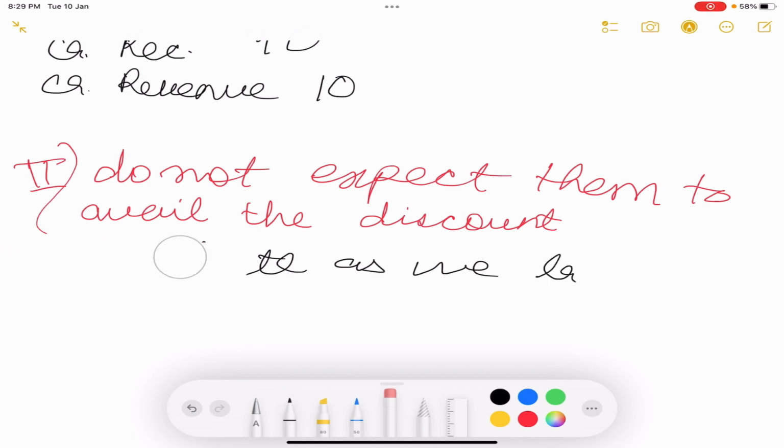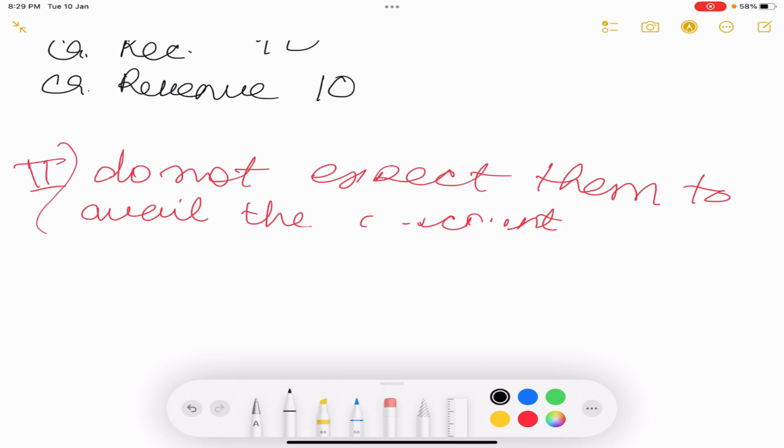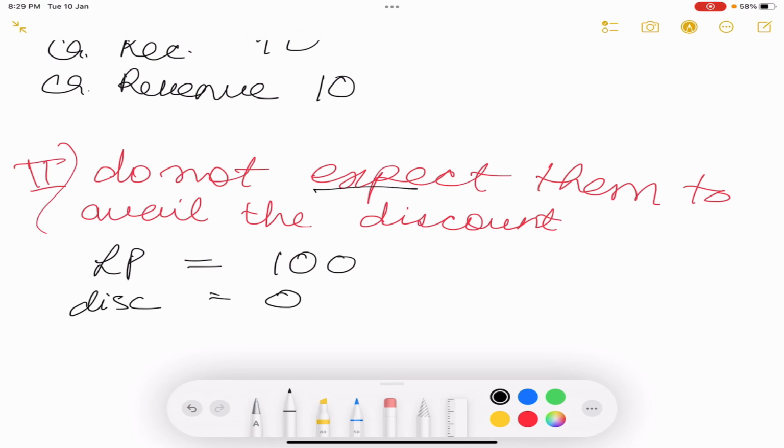Before this, what would be the value of invoice? Since we have already expected that they will not avail the discount, my list price is going to be 100, my discount is going to be 0. Why?